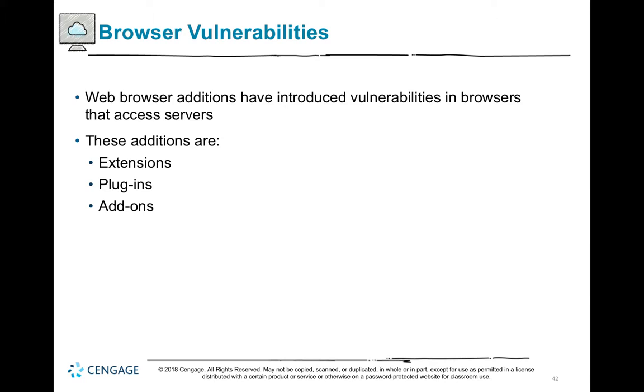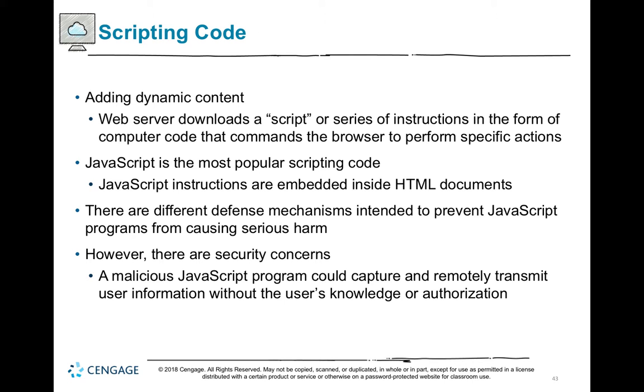Now, web browser vulnerabilities. Web browsers can be highly vulnerable, and a lot of this has to do with things that the user installs: browser extensions, browser plugins, and browser add-ons. Typically this is scripting code. We talked about JavaScript earlier when we covered cross-site scripting. JavaScript is the most popular scripting code for web pages.